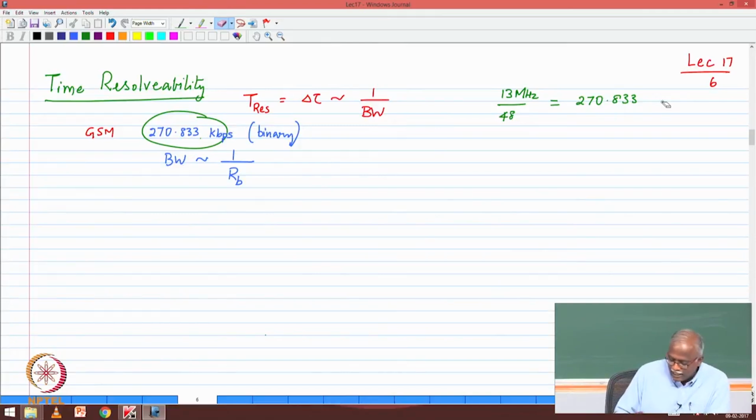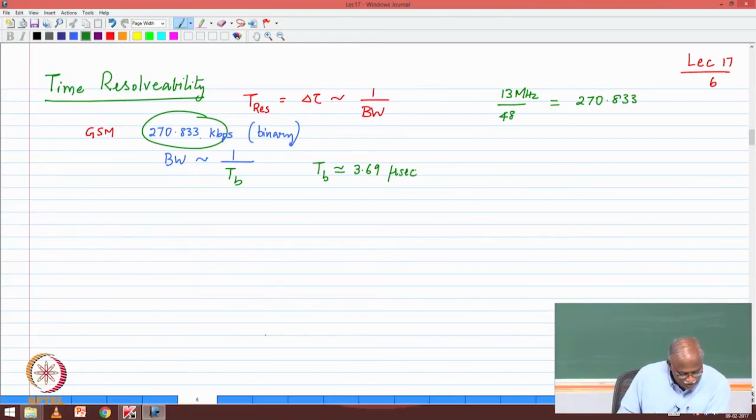The key point is this reciprocal: it's the reciprocal of T_B, not R_B. The bandwidth is proportional to R_B, so this is proportional to 1 by T_B, or T_S, the symbol time. So the question we have to ask is, what is the symbol time or bit time? In our case, this is approximately 3.69 microseconds.